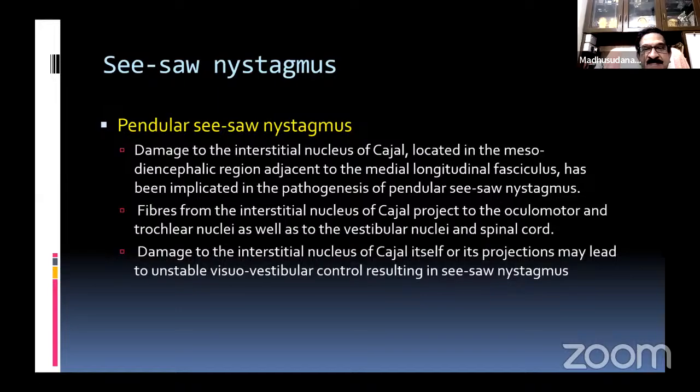The fibers of the INC project to the oculomotor and trochlear nuclei as well as to the vestibular nuclei and spinal cord. Damage to the INC itself or its projections may lead to unstable vestibular control, resulting in the seesaw nystagmus. So, difficult explanation, whatever it is, when there is a lesion of the INC in the upper midbrain, it will somehow produce some instability of the vestibular control on eye movement.